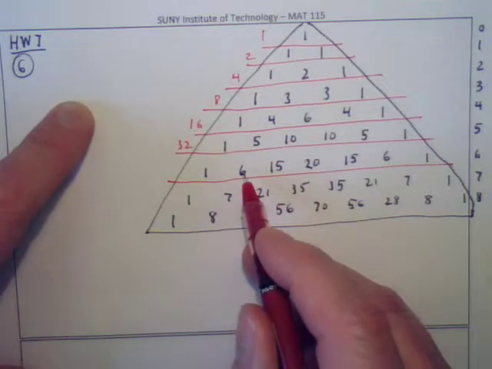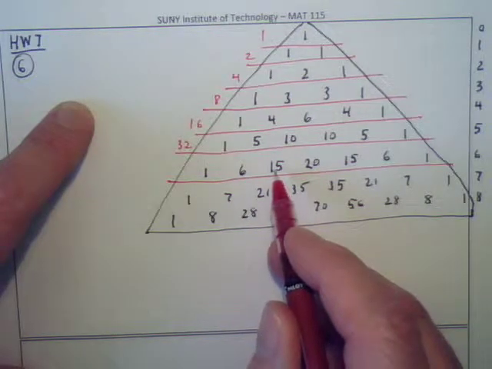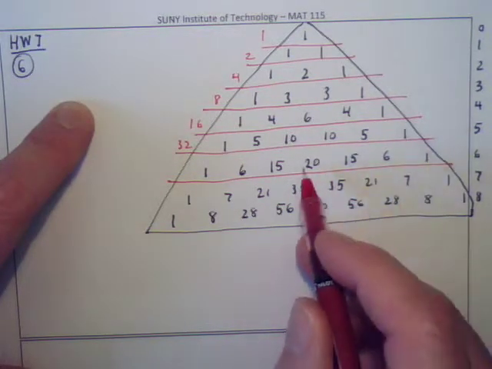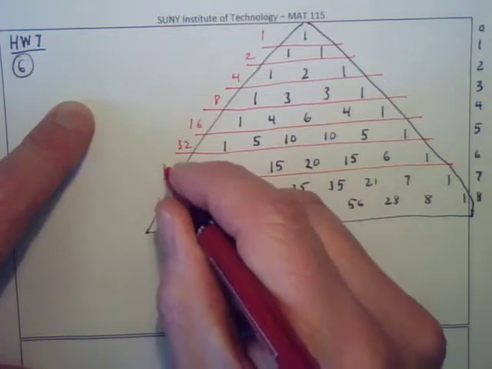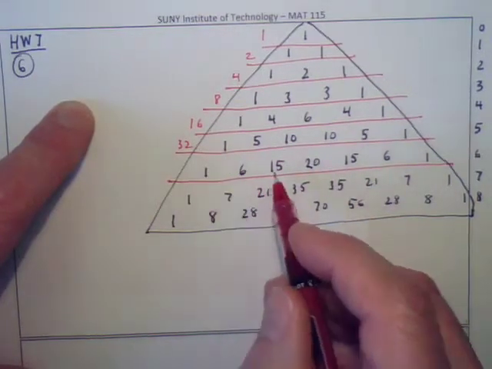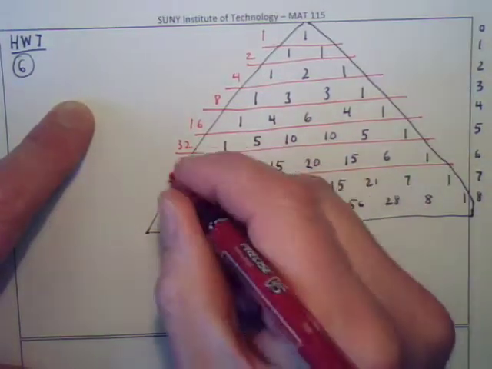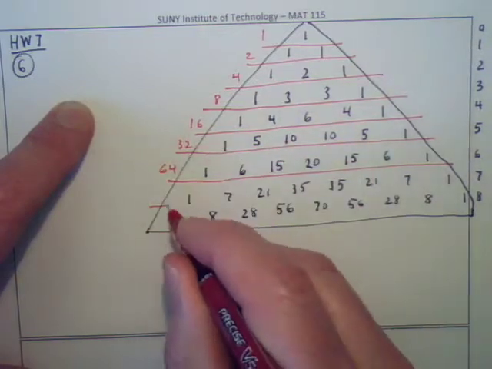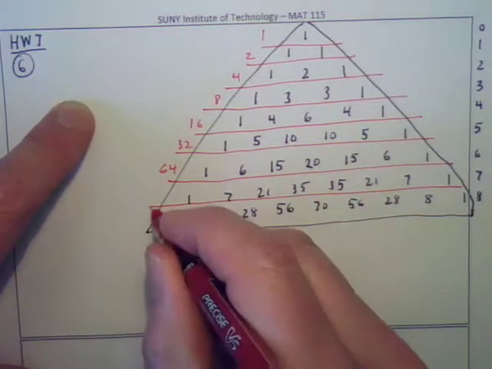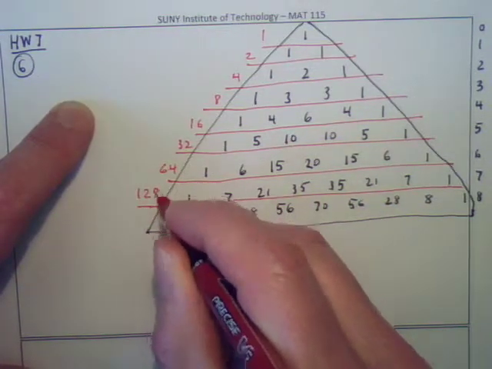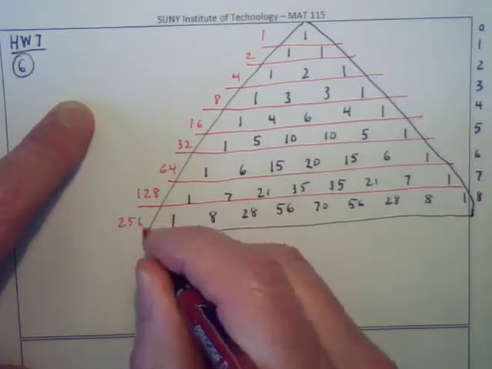We have 1 plus 6 is 7, plus 15 is 22, plus another 22 is 44, plus 20 is 64. And you can believe it, the pattern goes to 128 and 256.